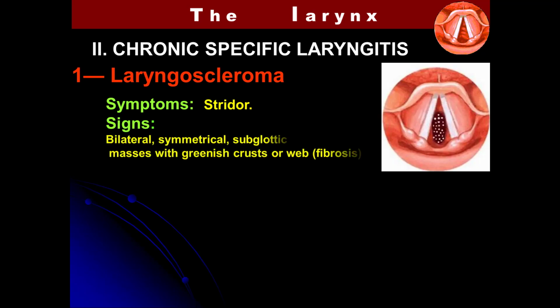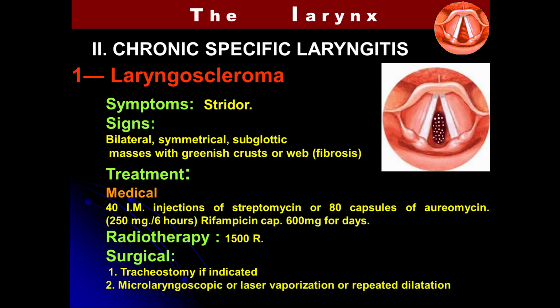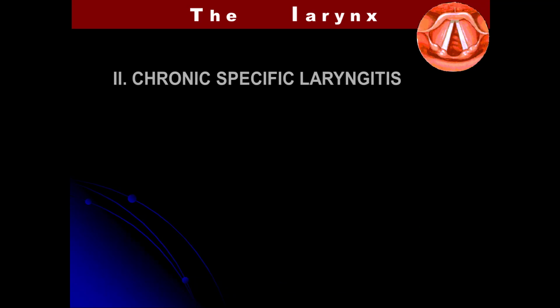It is very important to know that laryngoscleroma usually affects the subglottic region, finally resulting in subglottic stenosis, which may cause stridor and need tracheostomy. Treatment is usually medical, in the form of streptomycin or rifampicin injection. Radiotherapy is mentioned only to be abandoned; it is not used anymore. Surgical tracheostomy if indicated, and microlaryngeal surgery or laser evaporation and repeated dilatation for the stenosis.